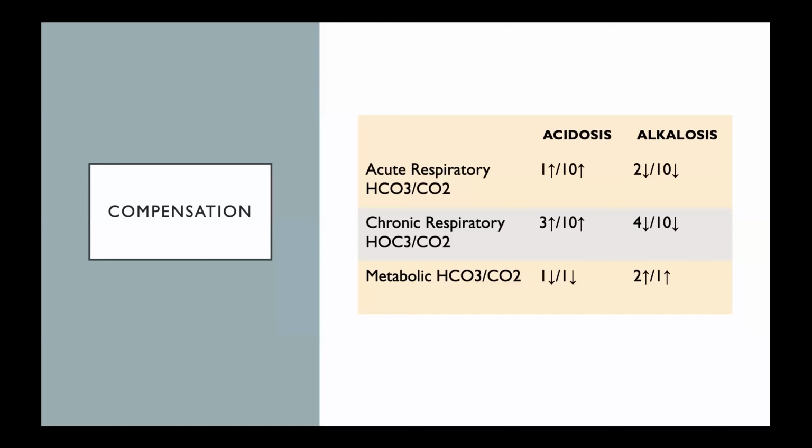If it is metabolic, where there's no acute and chronic, only acidosis and alkalosis, for one loss of bicarbonate, carbon dioxide will reduce by 1. If there is an increment of 2 in bicarbonate in metabolic, there will be 1 carbon dioxide increment.